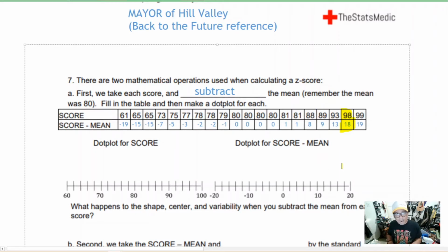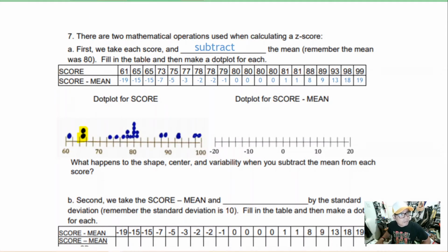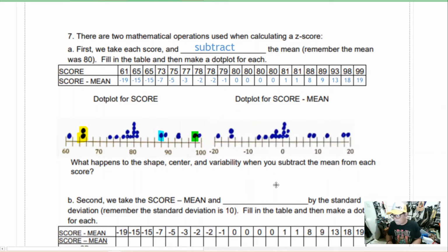Now, if we graphed the scores on a dot plot, we get a dot plot that looks like this. Let's go ahead and highlight. Here we go with Biff. Here we go with Marty at 88. And here we go with Goldie at 98. Now, if we just subtract 80 to get the dot plot for score minus mean, we get basically the same dot plot.